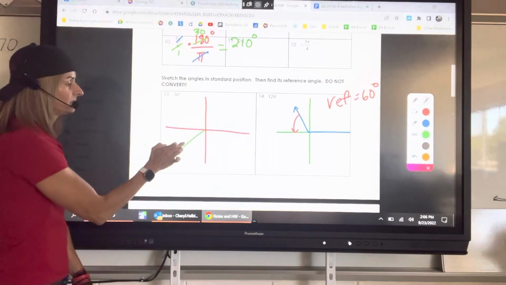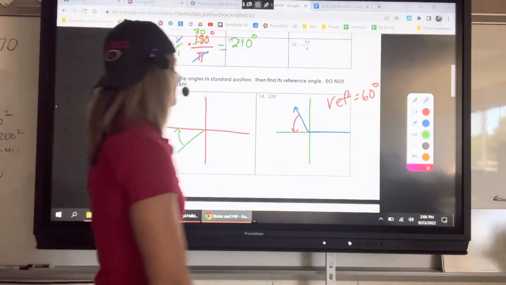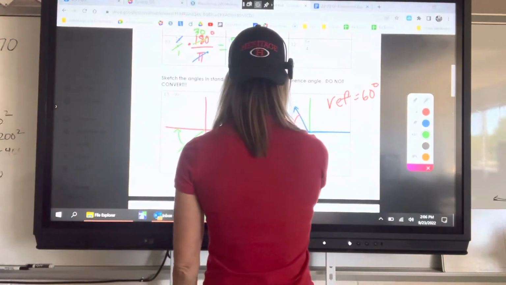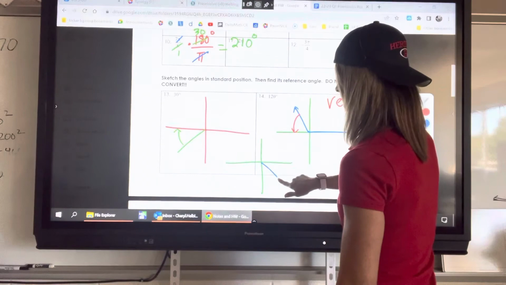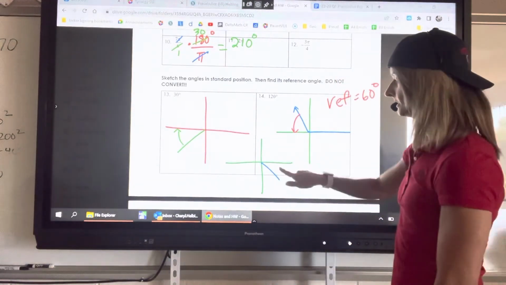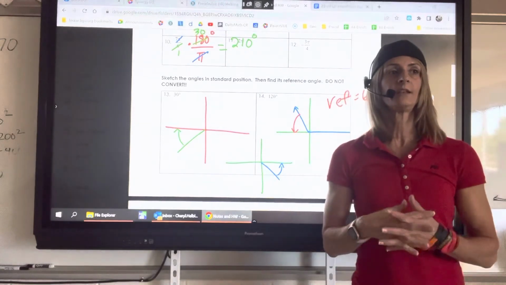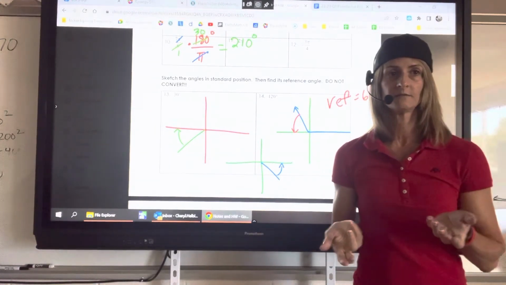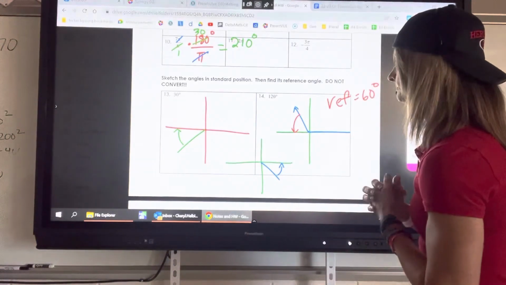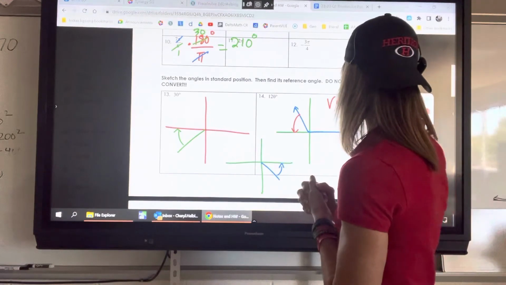The reference angle would be this distance. Let's say the terminal side of your angle was here. The reference angle would be this distance. It's the closest distance, it's within 90 degrees from the x-axis, and it's always going to be positive. I think that's all I wanted to say about reference angles.